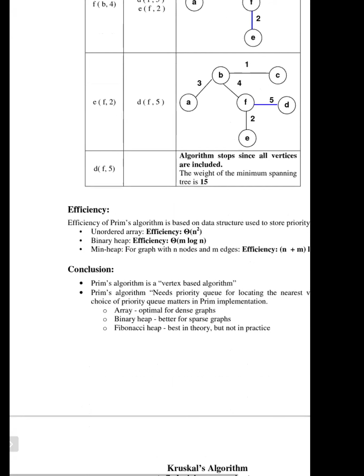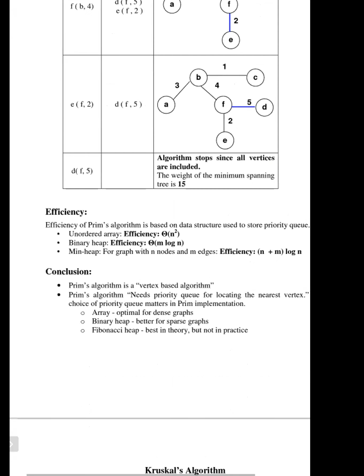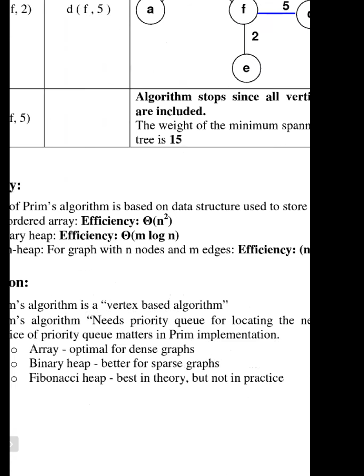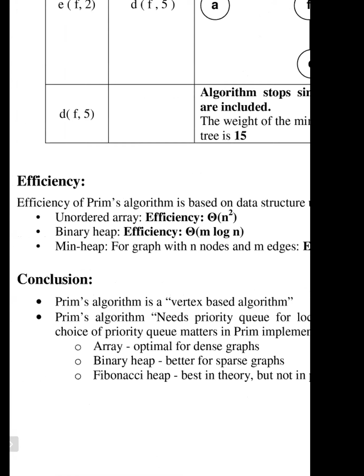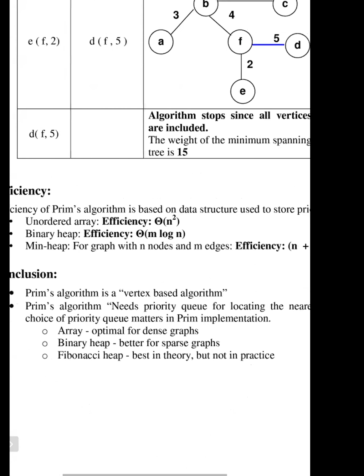Now if you're talking about the efficiency, the array can be ordered or unordered. If it is an unordered array, the efficiency is order of n square, because the number of vertices and the number of edges, it is n into n. And for a binary heap, obviously there is logarithmic time complexity.